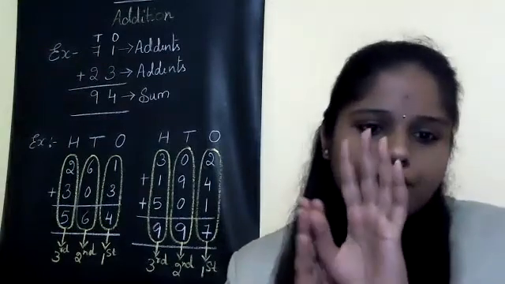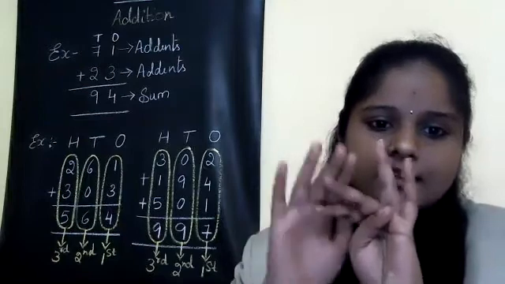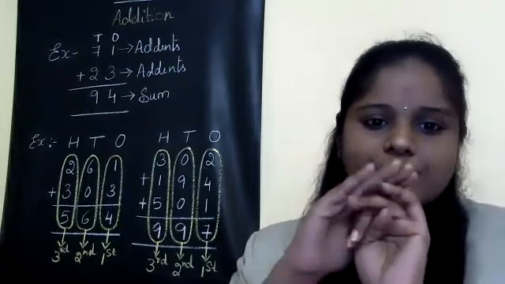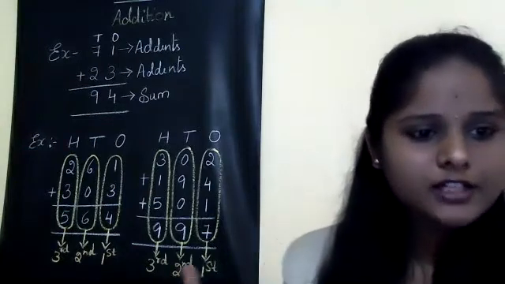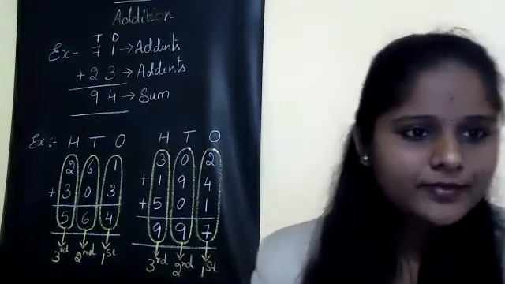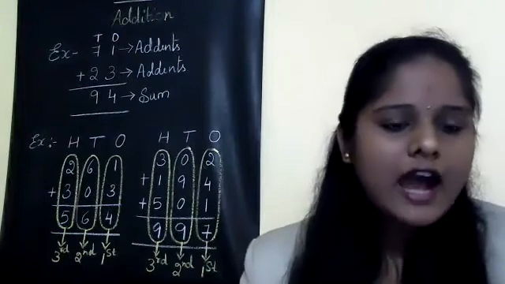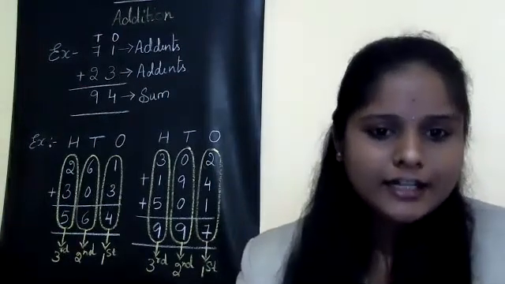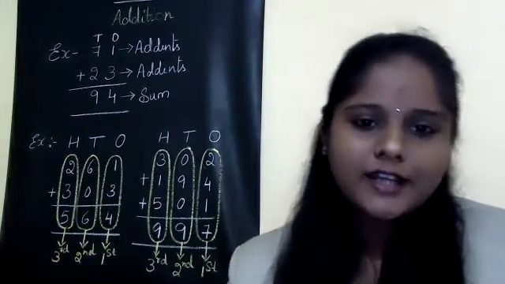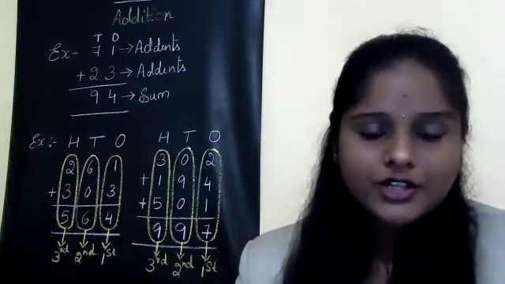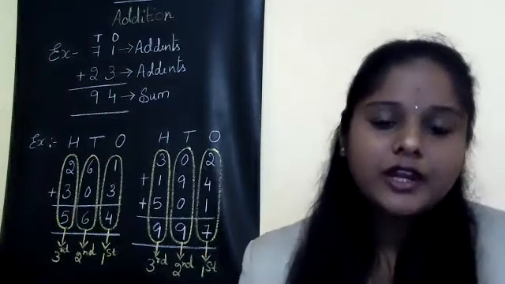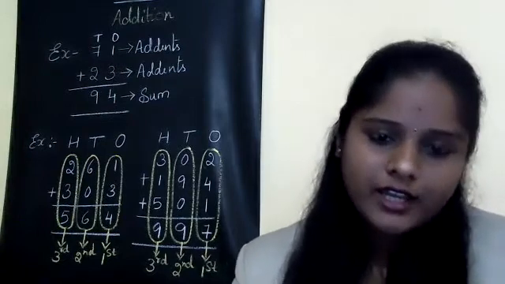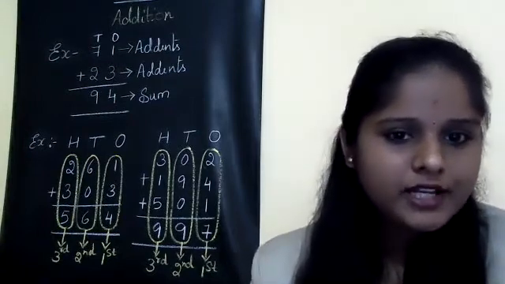After 4: 5, 6, 7, 8, 9. What must be my answer? 9. Have I written 9 over there? Yes. So after adding 302, 194, 501, my answer will be 997. Did you understand this much?